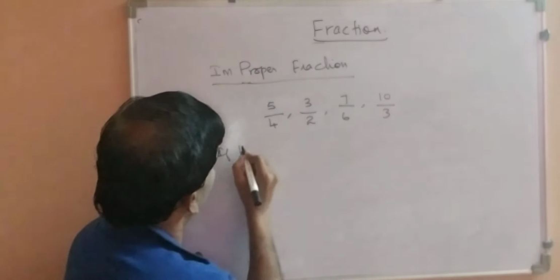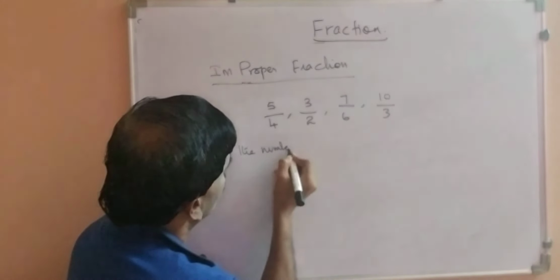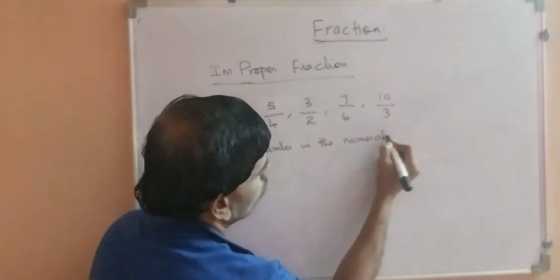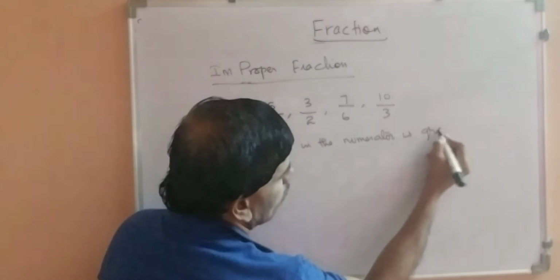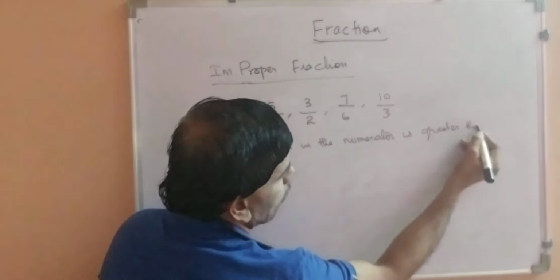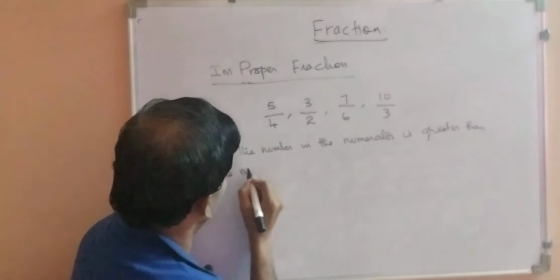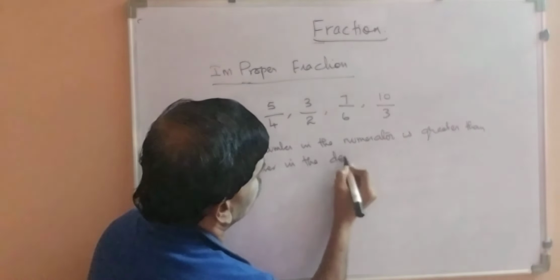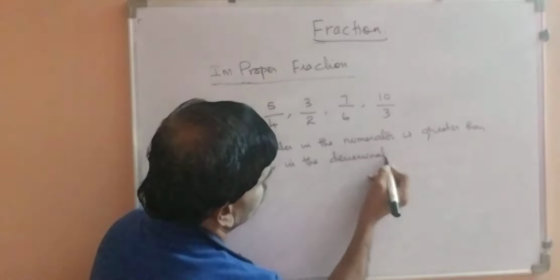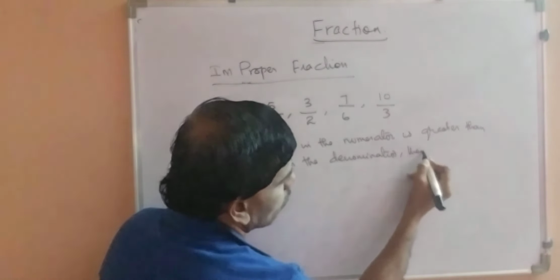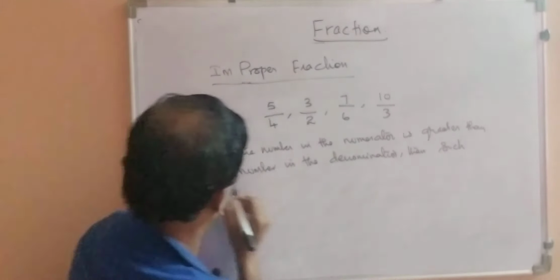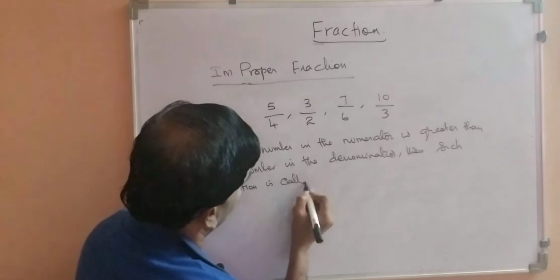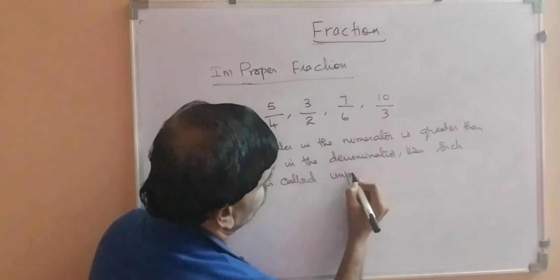If the number in the numerator is greater than the number in the denominator, then such a fraction is called an improper fraction.